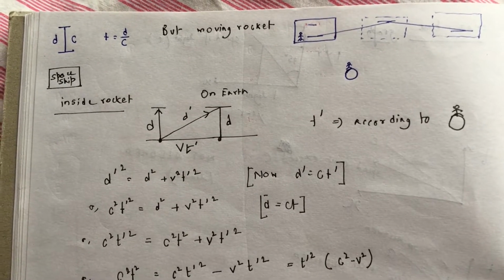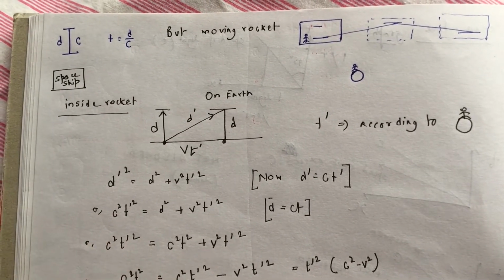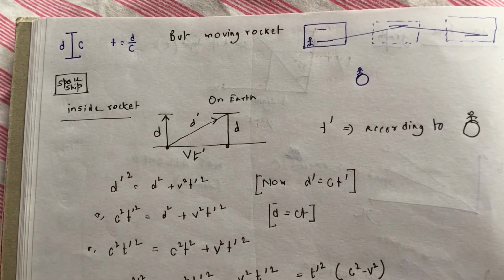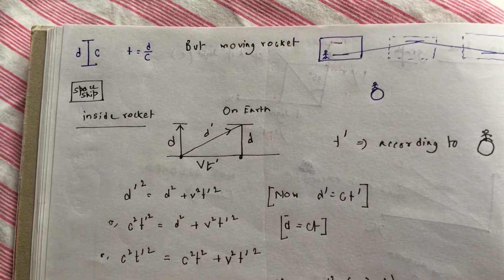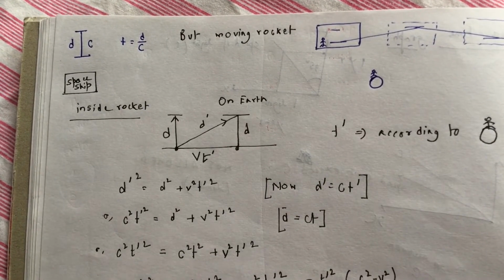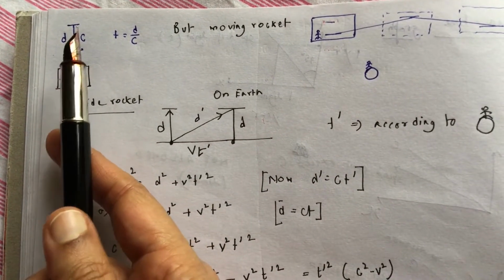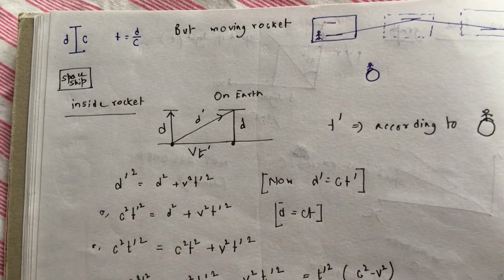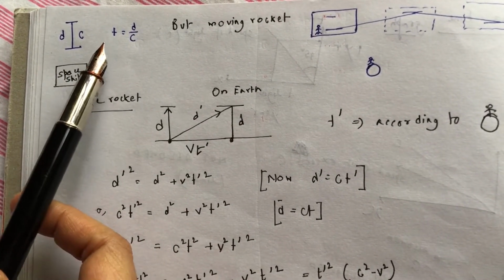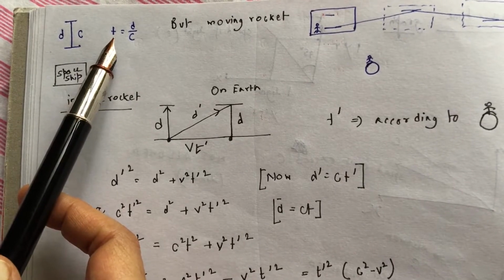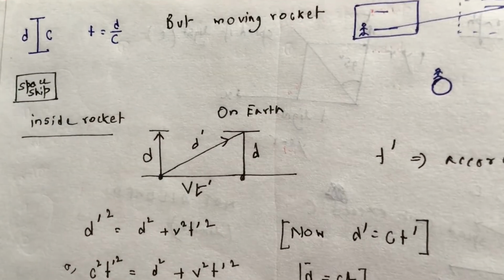If we think about two parallel mirrors separated at a distance d within a spaceship, so if light starts from this down mirror and then it reaches the upward mirror, this upper mirror, then obviously the time taken by light is t equal to d by c, because c is the speed of light.